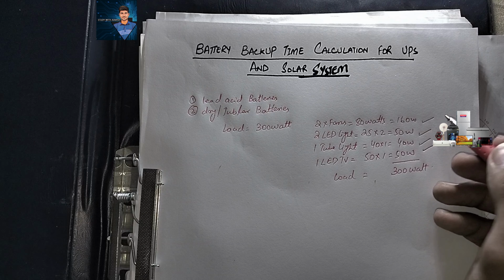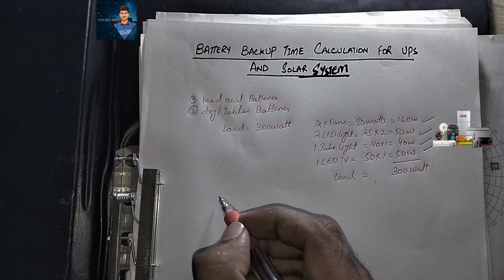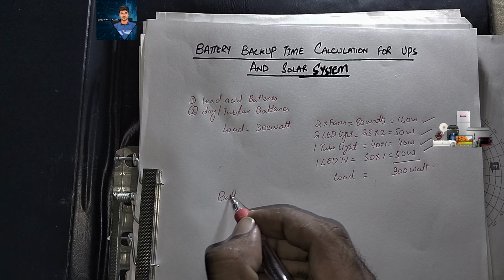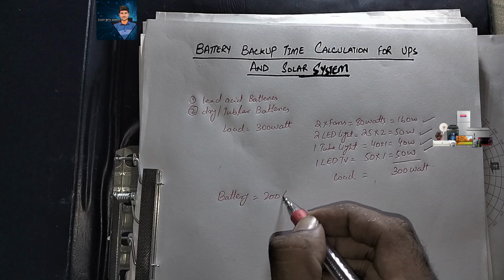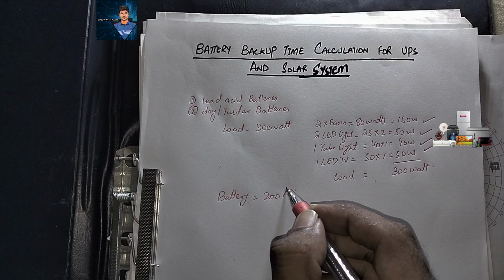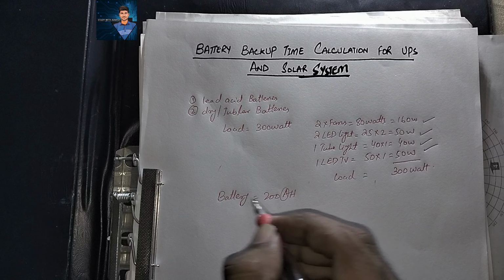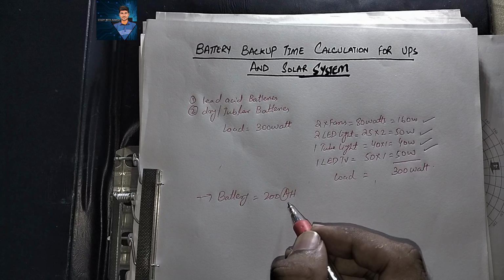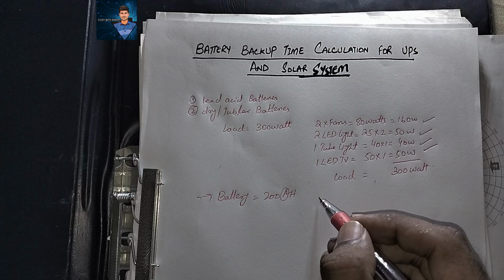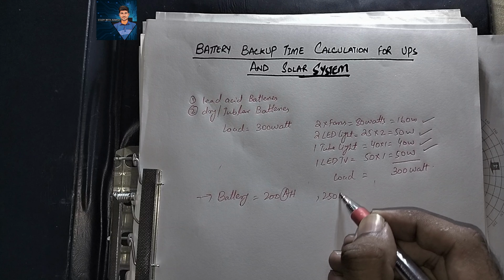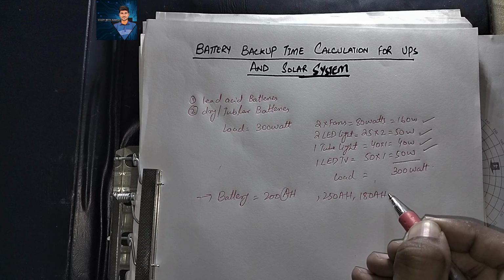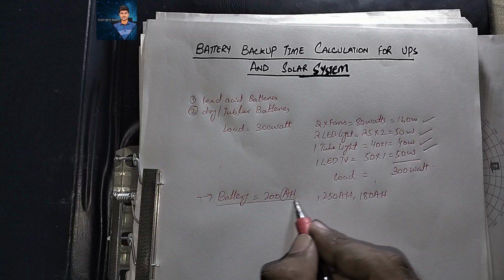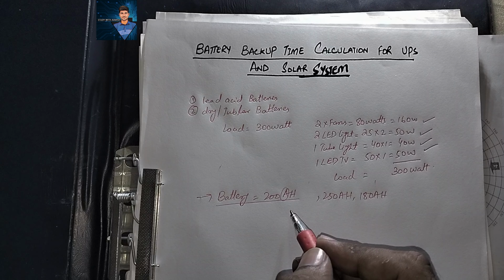So we are having a battery of 200 ampere hour. Batteries of 250 ampere hour and 180 ampere hour are also available in the market, so you can calculate for them as well, but I am taking the example of 200 ampere hours.